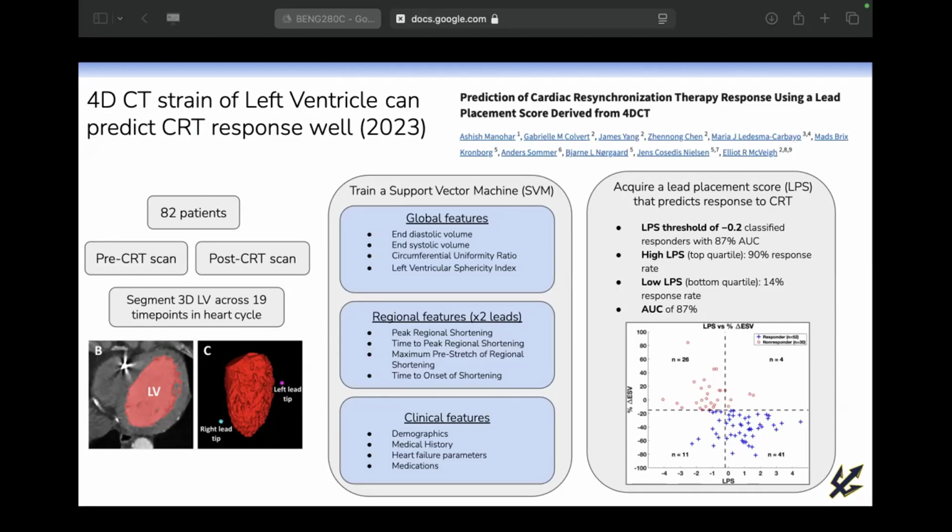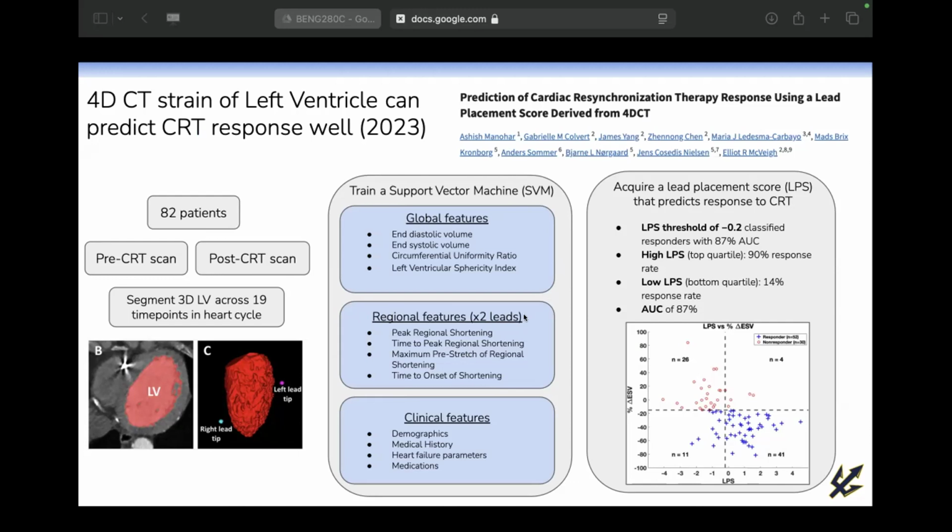The team had manually segmented the left ventricle across all the time points for each of the patients, and using this mask, they could then calculate the global and regional strain metrics and append them to each patient's clinical features.